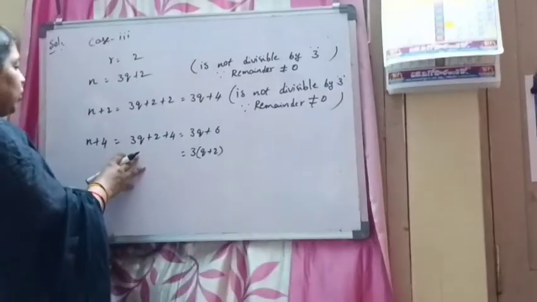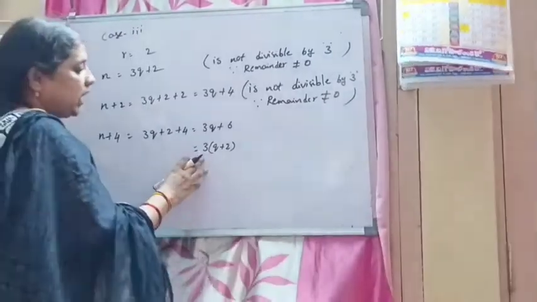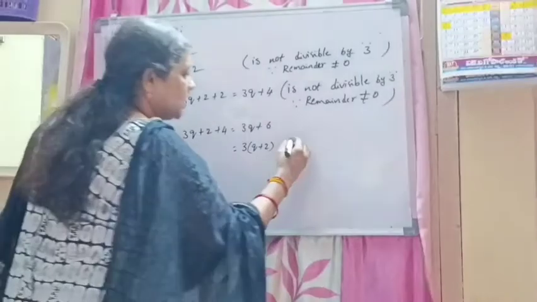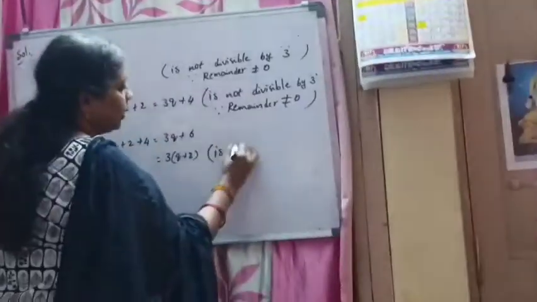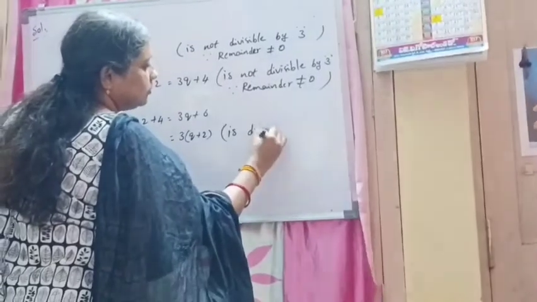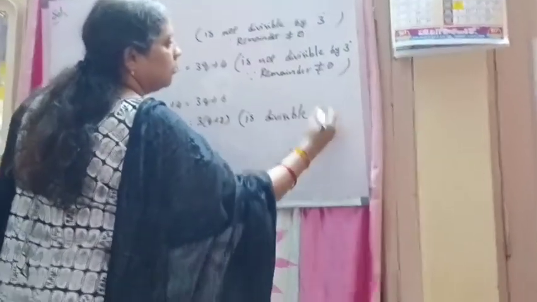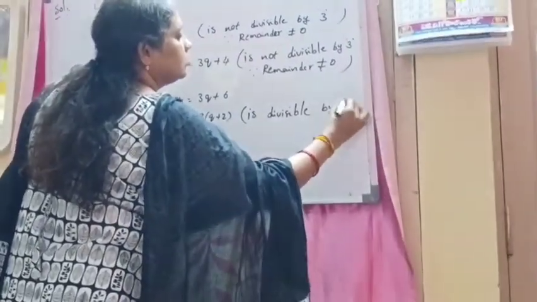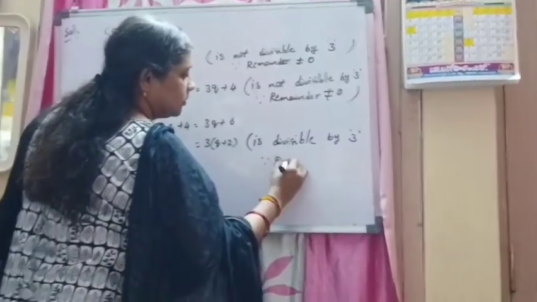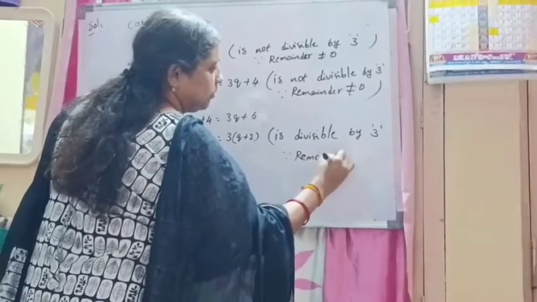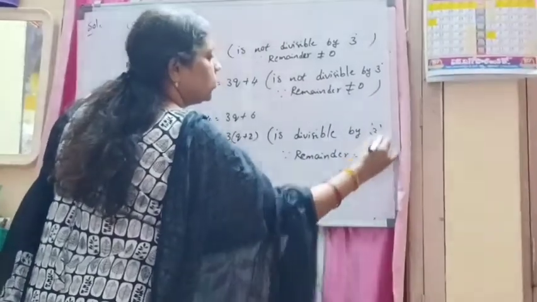If r is equal to 2, n plus 4 is equal to 3 of q plus 2, that is divisible by 3, since the remainder is equal to 0.